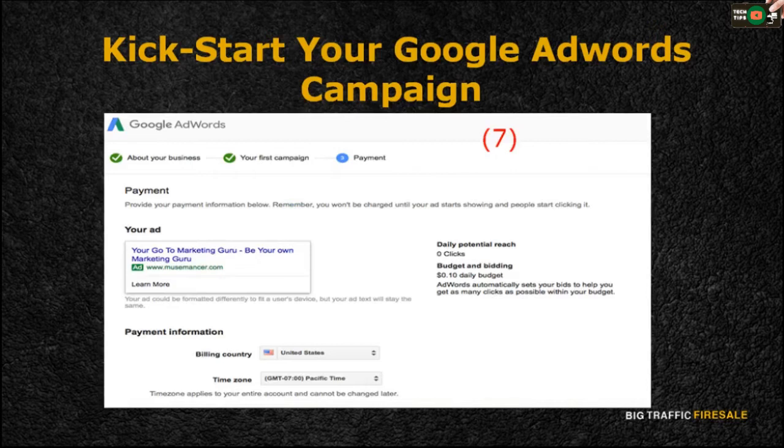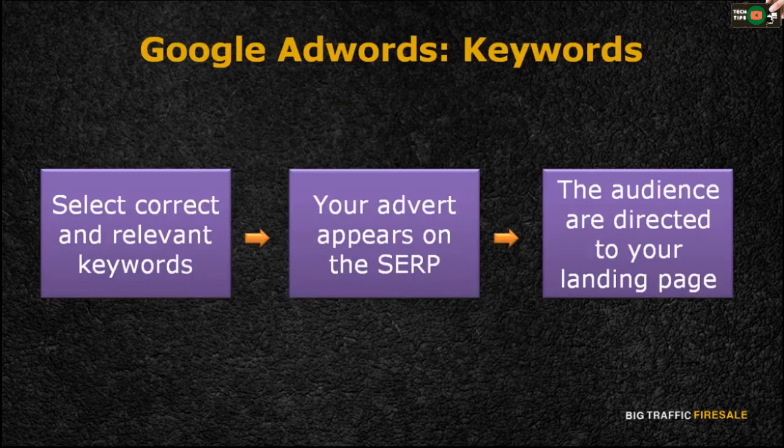Now you're set. When you are already set up, it's time to delve into the building blocks, which is understanding what makes Google AdWords work. Keywords. Selecting the correct and relevant keywords to direct the audience to your landing page is key. As the advertiser, you select a keyword that a searcher might type when they search for their particular interest on the Google search engine.